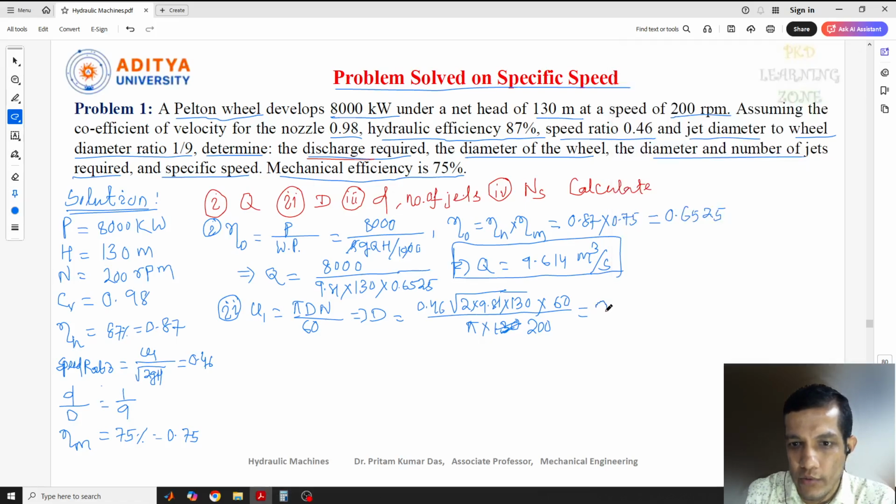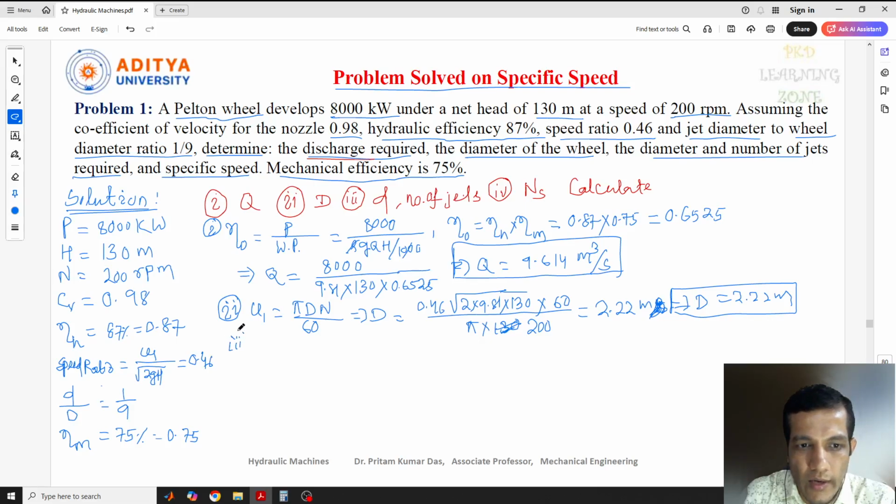So 2.22 I can say. This is the value of D, the diameter, so it will come only in meters. Diameter of the wheel is 2.22 meter. I thought that was velocity. Anyway, this is also completed.